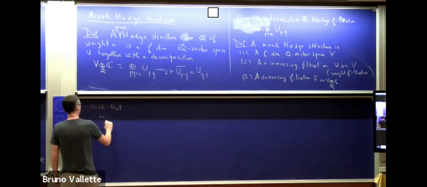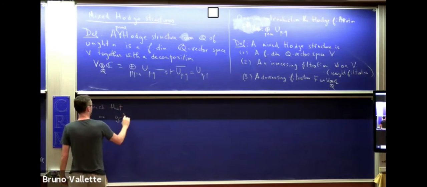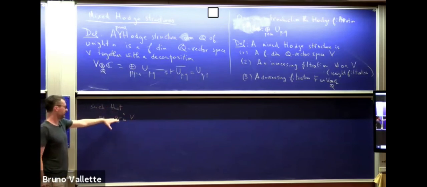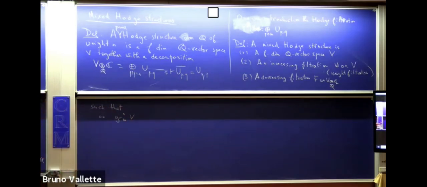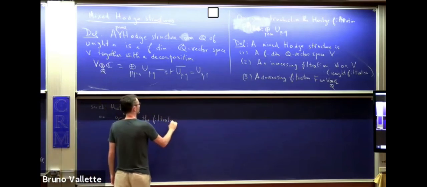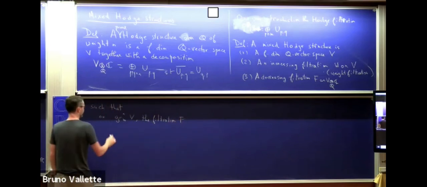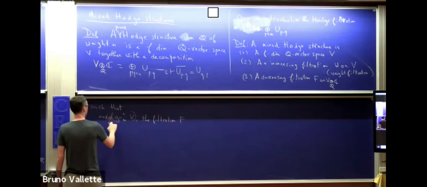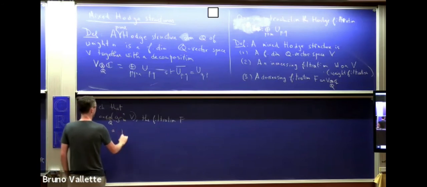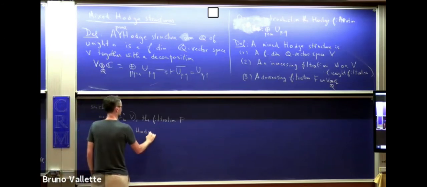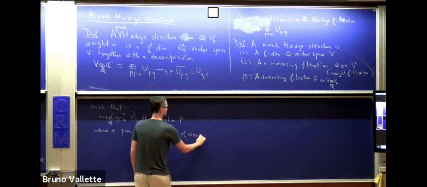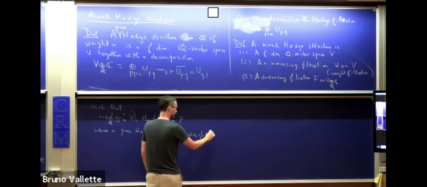So on Gr_n^W V, this is the nth stage of the associated graded for the weight filtration, the filtration F induces a pure Hodge structure of weight n.